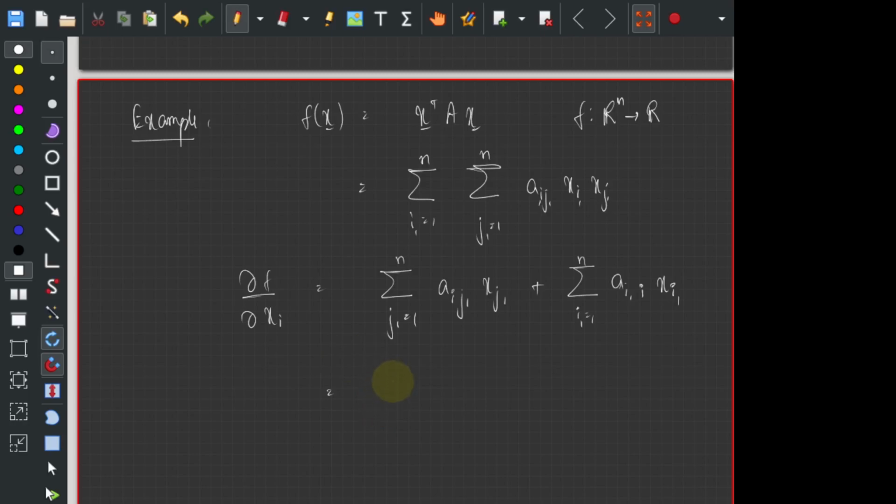In other words, it is the sum of the dot product of the ith row of A with x plus the dot product of the ith row of A transpose with x. So the gradient of f would therefore be equal to A plus A transpose times x.